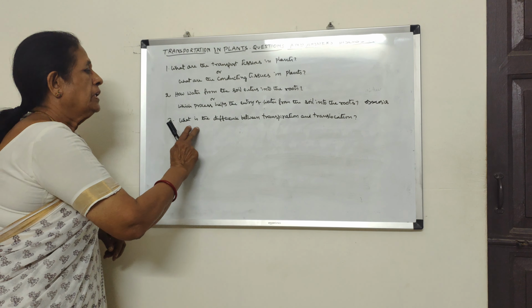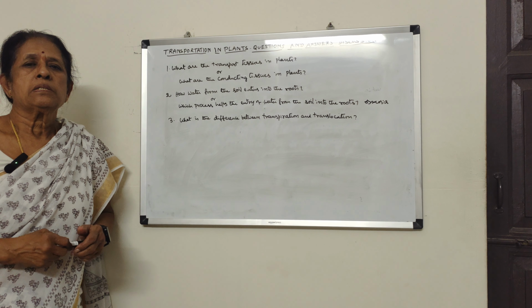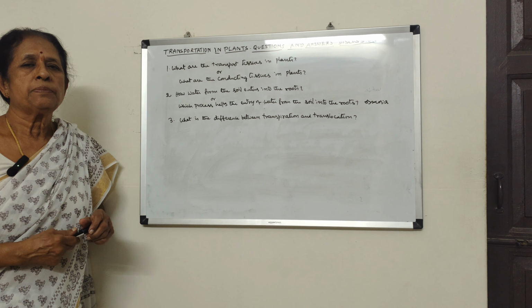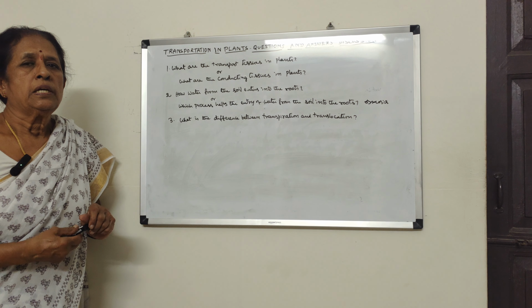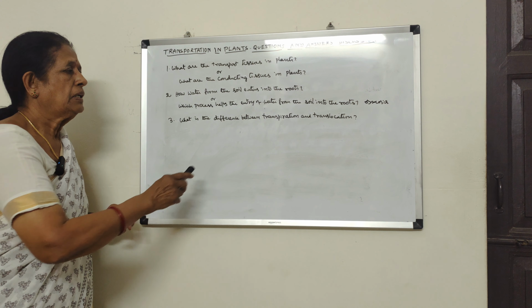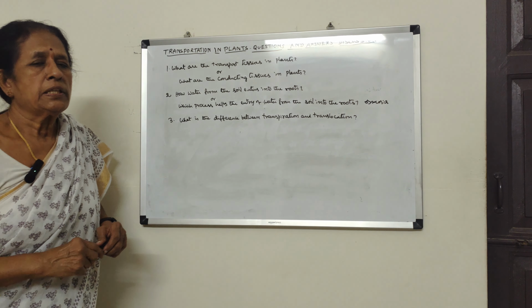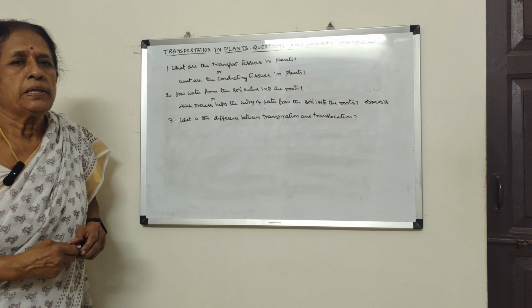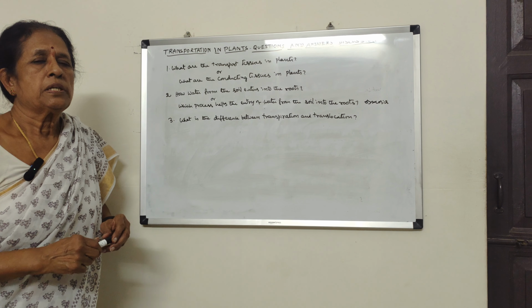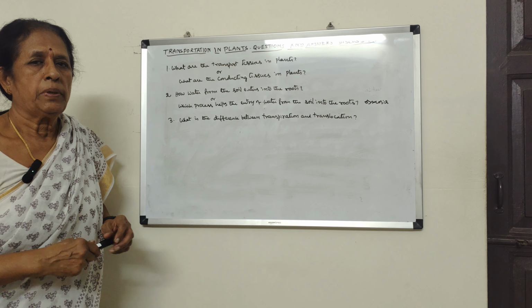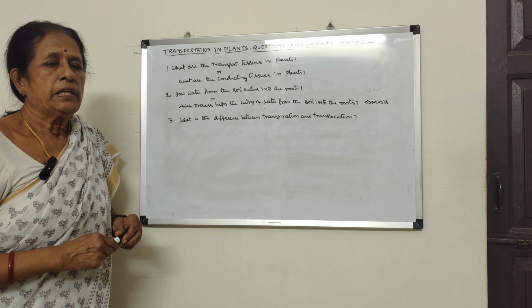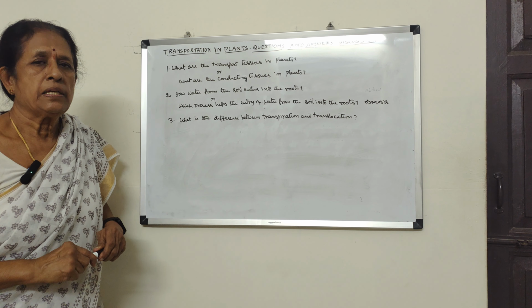Now we can see the difference between transpiration and translocation. Transpiration is the process where water escapes from the stomata in the form of vapor. Translocation means the synthesized food materials are transported to various parts of the plant in dissolved form.